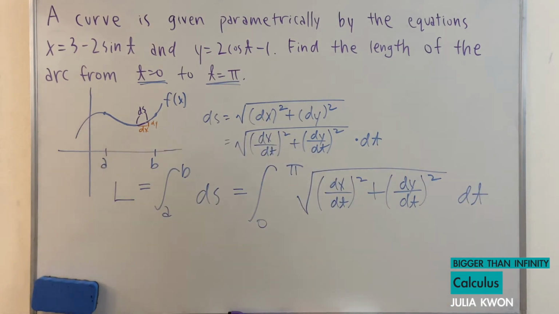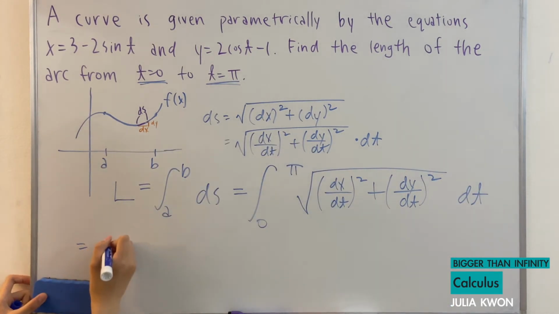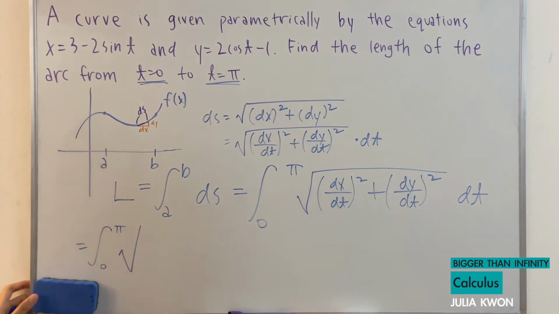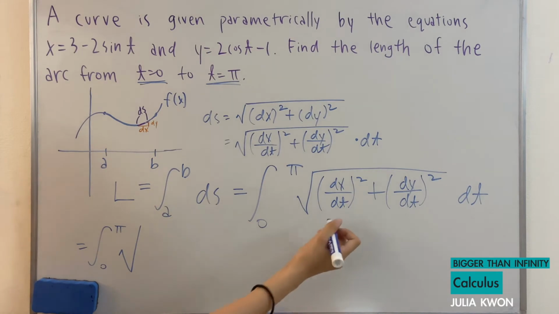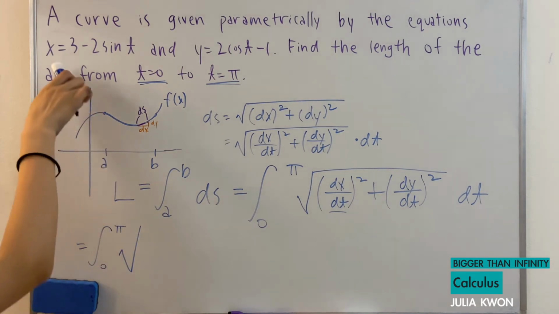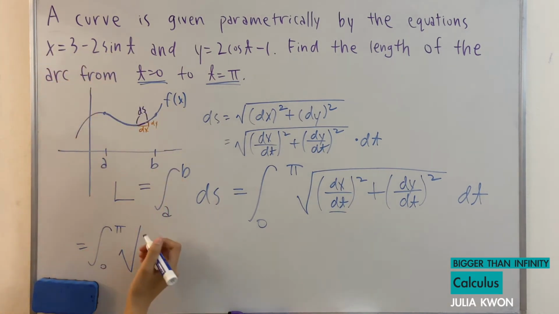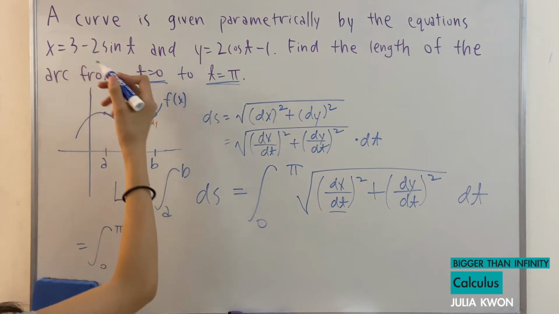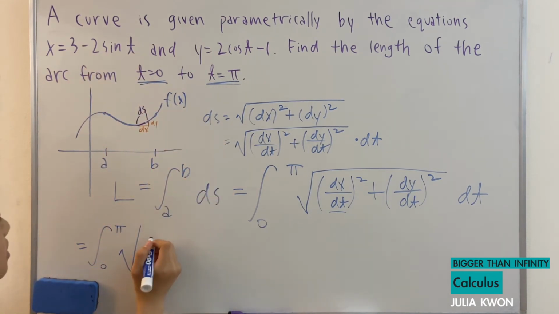Okay, now we're going to find dx divided by dt and put it into here. To find dx divided by dt, all we have to do is take the derivative of this equation, x is equal to 3 minus 2 times sine t.